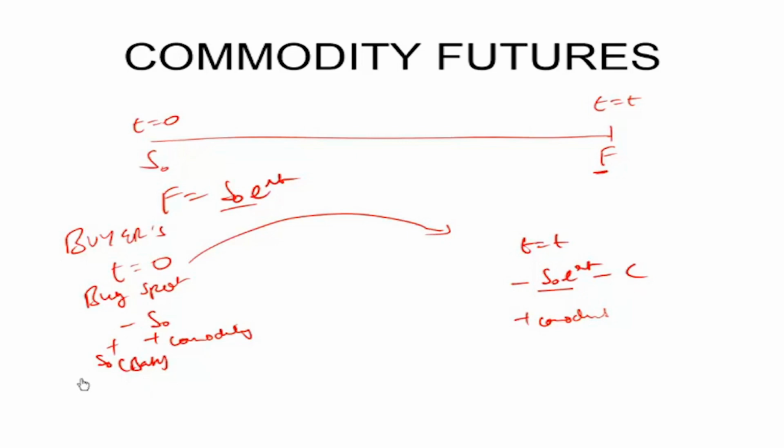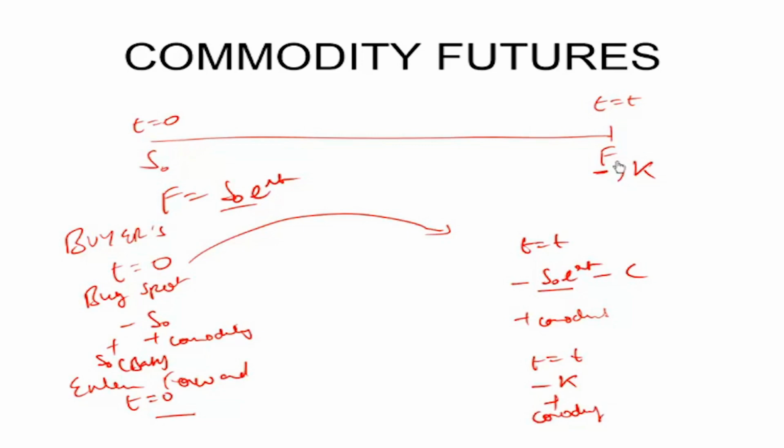If the buyer, on the other hand, entered a forward and bought the commodity forward, he will buy it for a price K or a price F at t equal to T. Right now, what is the exchange happening? Nothing. It's just an agreement right now. At t equal to T, he will pay the amount F, or he will pay the amount K, and receive the commodity.